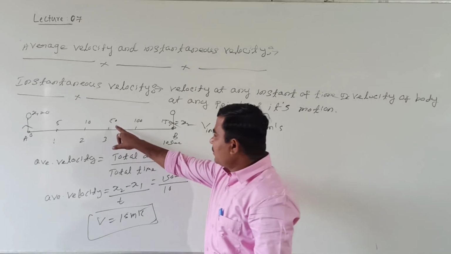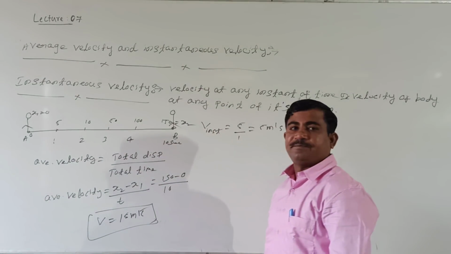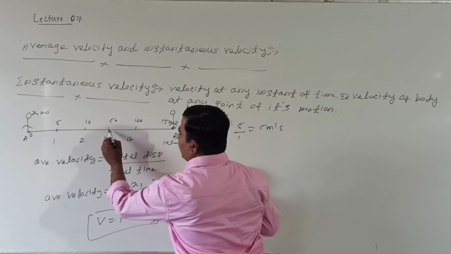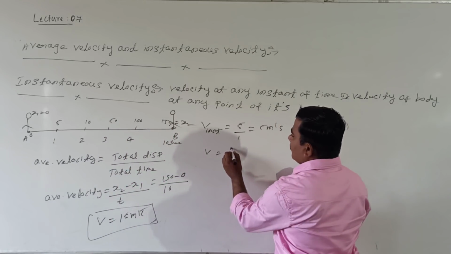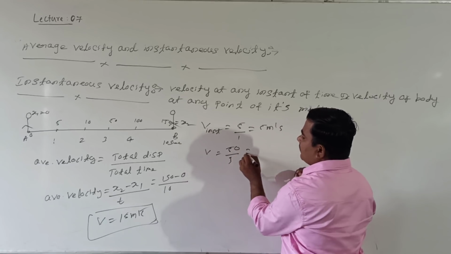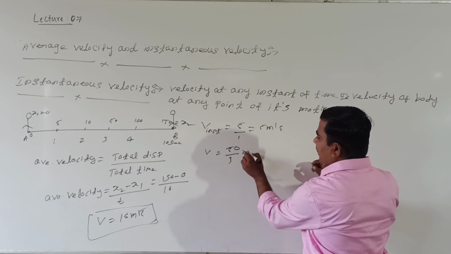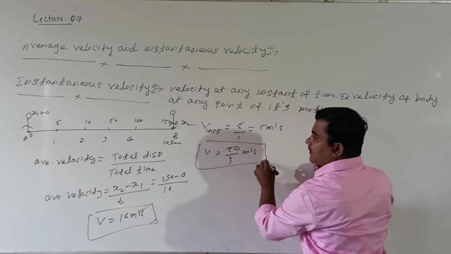Similarly here, at this displacement and this time interval, it is 50 divided by 3 meter per second. This is the instantaneous velocity.